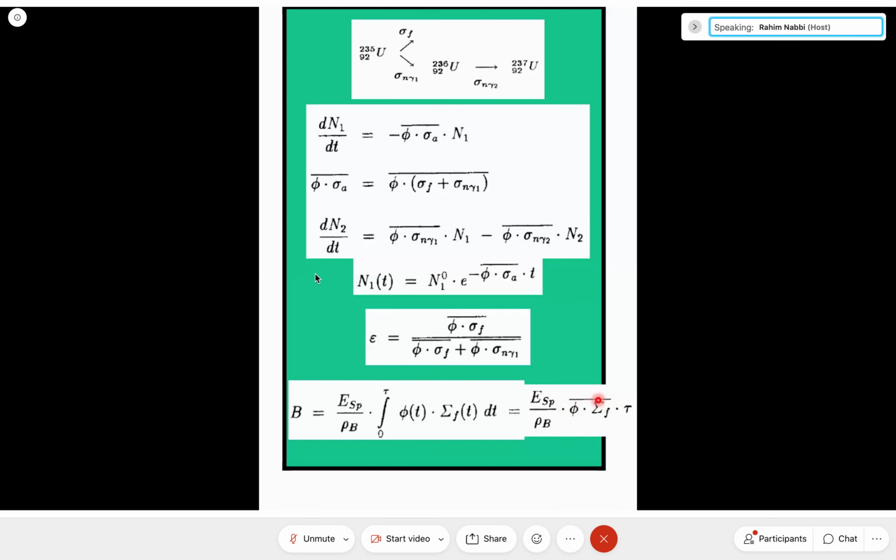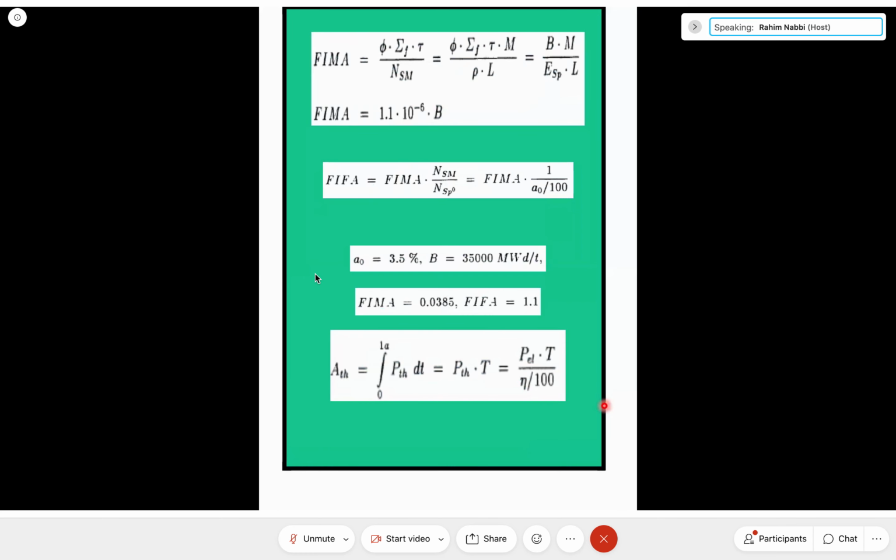If you operate the reactor 1 or 2 years, then because flux would be changing as we saw before, we need the average value, not the initial value. A lot of people make this mistake.